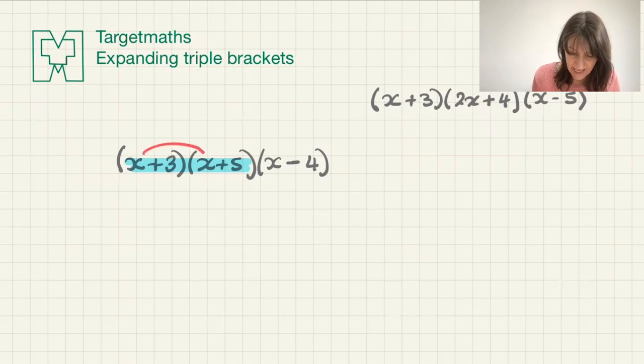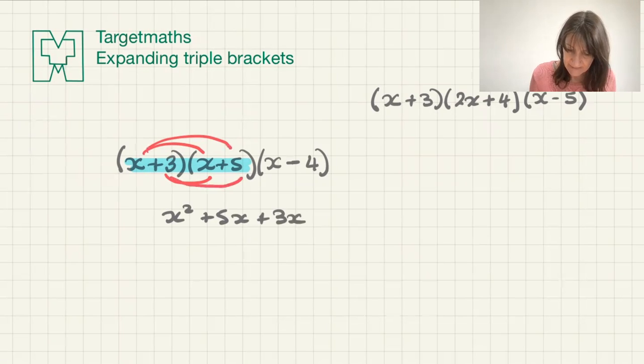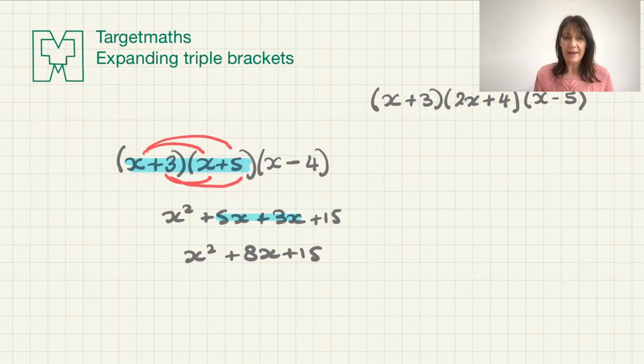So x times x is x squared, and x times 5 is 5x. Then I've got 3 times x, which is 3x, and 3 times 5, which is positive 15. And then I collect up the middle, exactly the same as what I know, and job done. So nothing new there.